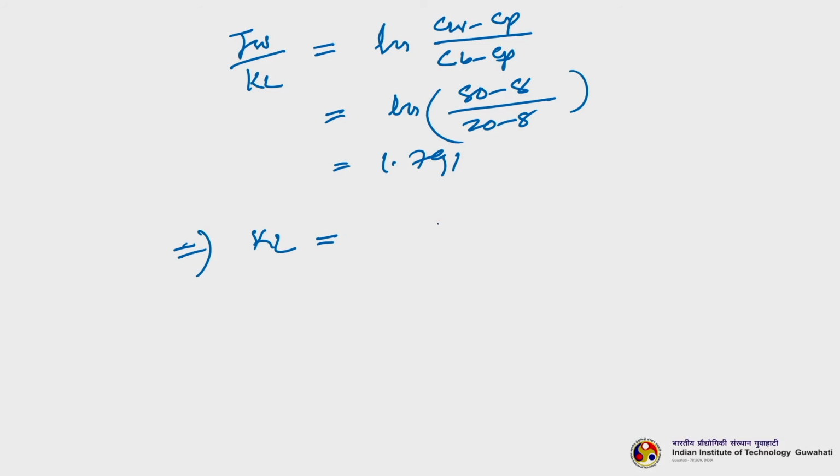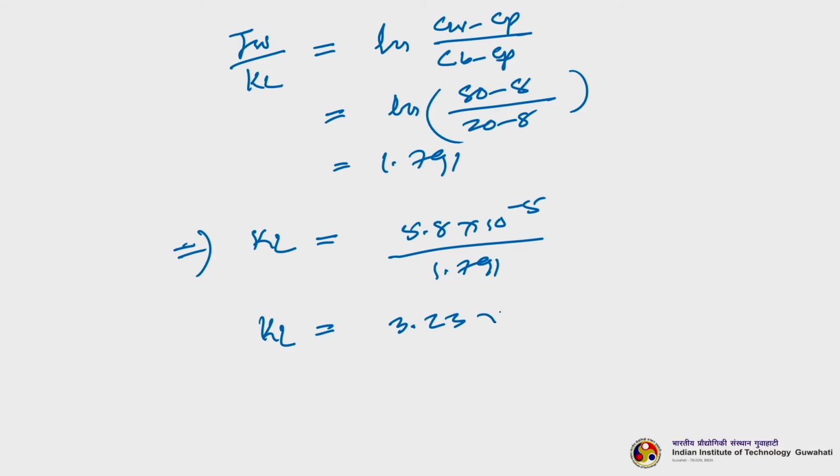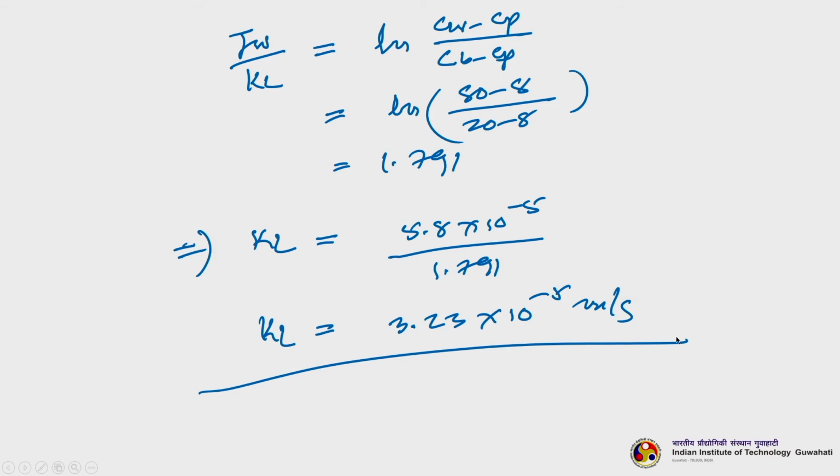Kl equals Jw, which is 5.8 into 10 to the power of minus 5, divided by 1.791. So, your mass transfer coefficient equals 3.23 into 10 to the power of minus 5 meter per second. So, this is your mass transfer coefficient.